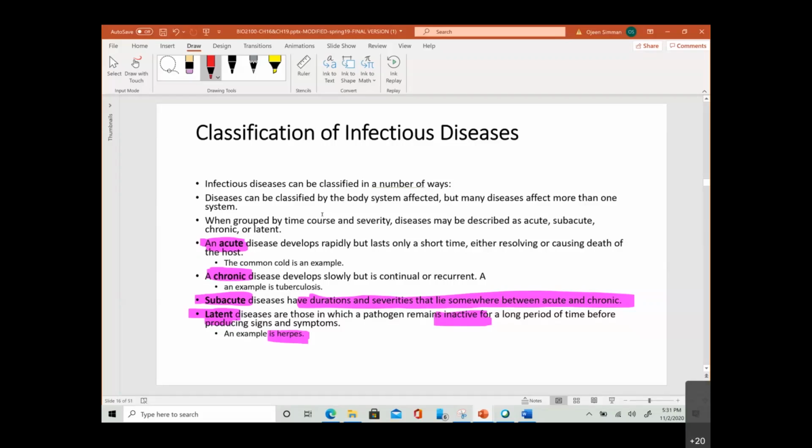For example, tuberculosis does this. Subacute is a duration and severity that is somewhere between the acute and the chronic. And then finally, latent is when the pathogen remains inactive for long periods of time before it starts to produce obvious signs and symptoms, as what happens with herpes.